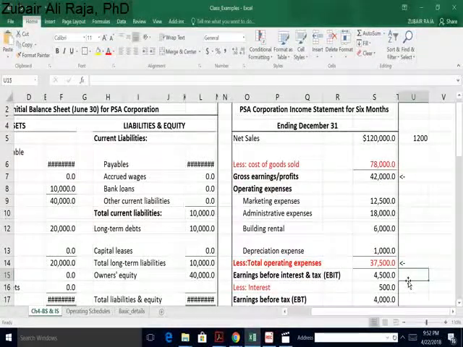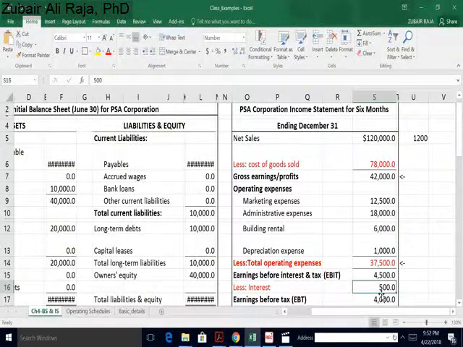So each year he needs to pay him $1,000 as a rent of using his money. Because this is again the statement for the 6 months, if you divide 1,000 by 2, because 1,000 is the interest expense for the whole year, for the 6 months it will be $500. So now this is the interest.